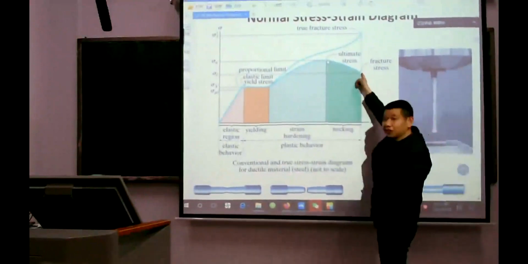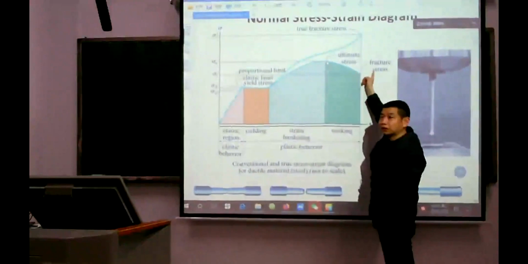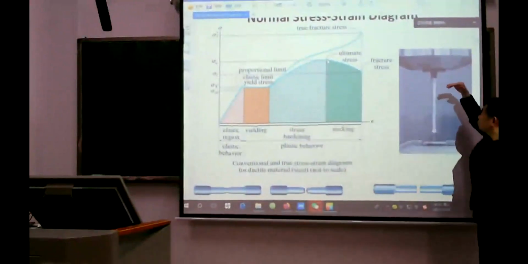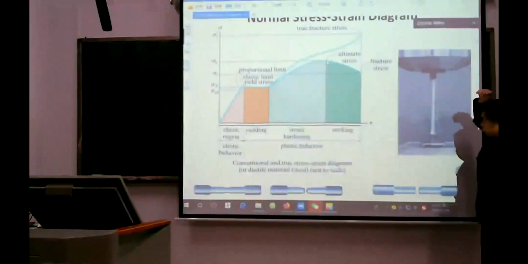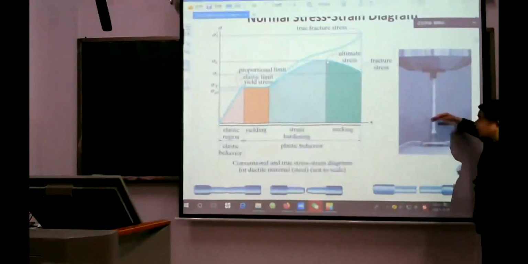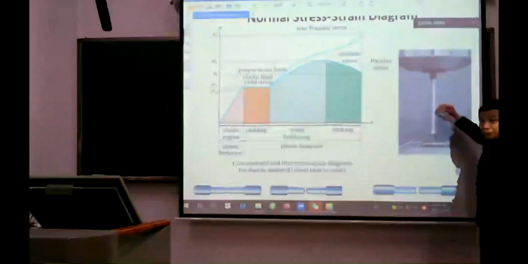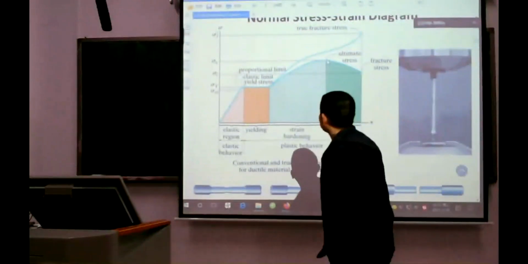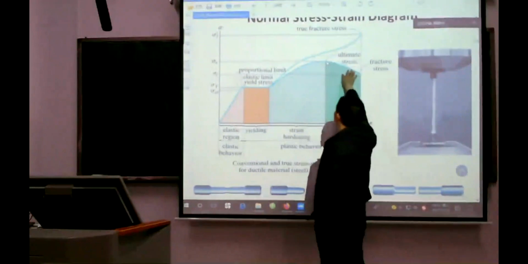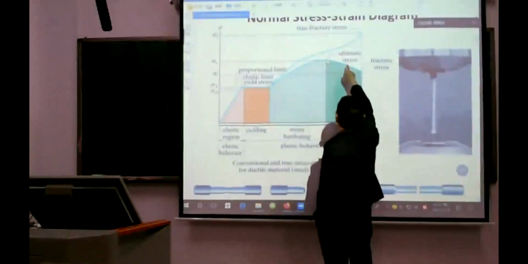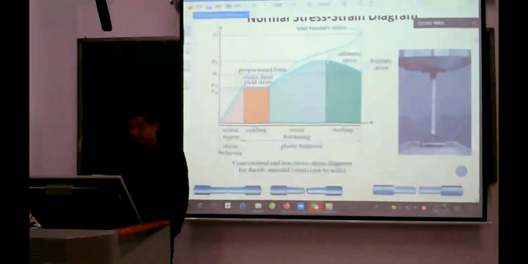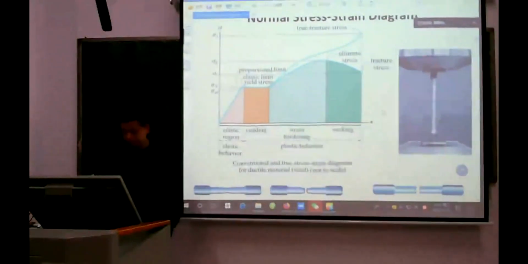So the true fracture stress is the fracture loading divided by the true area. We call the other one the engineering fracture stress. We get it from the fracture loading divided by the original area. So it goes down. The true fracture stress is different from the engineering fracture stress.